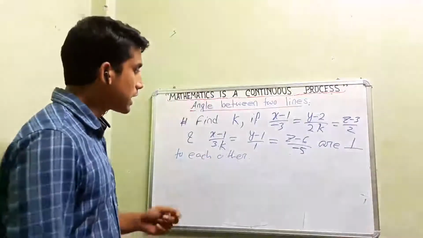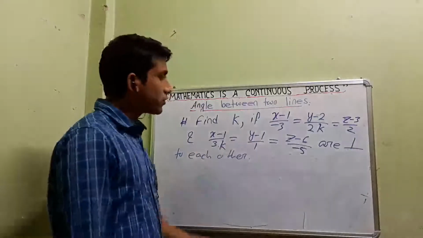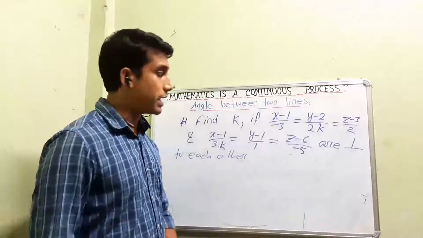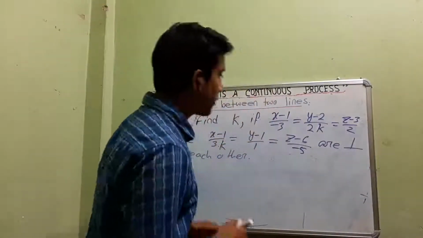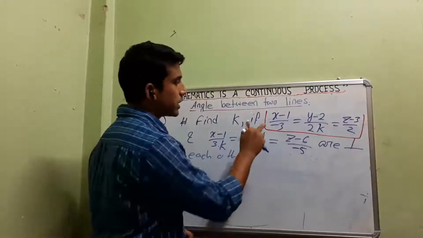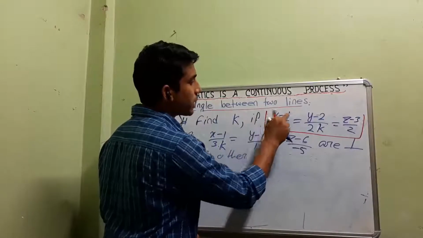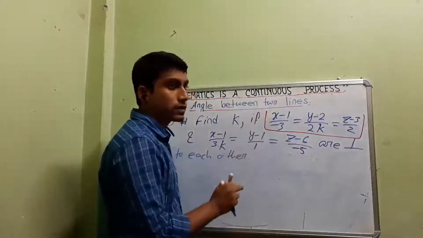As I have just discussed, if two lines are perpendicular to each other, then the sum of the products of their direction ratios will always be 0. And remember one concept: the equations have to be in the general or standard form. That means the format should be (x minus x1) by a1. Nothing should be multiplied with x.